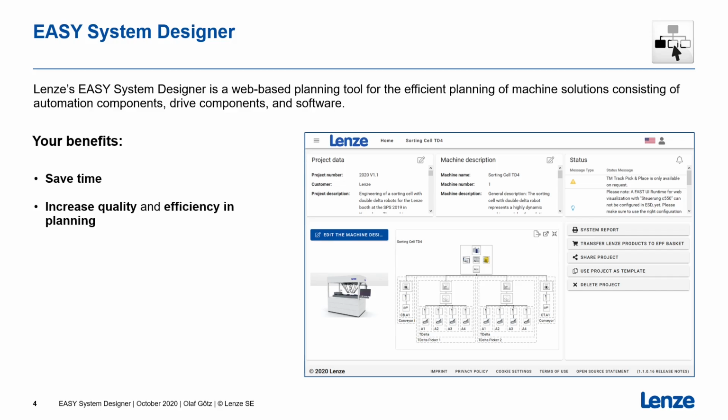Increase quality and efficiency in the planning, both for standard tasks and special machines, by the help of integrated expert knowledge. Secure consistency in the engineering process by generating documented and transferable results. Improved collaboration in machine development by using a common planning basis for all stakeholders.